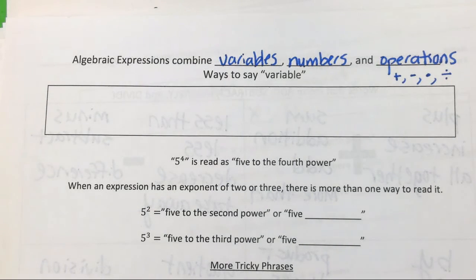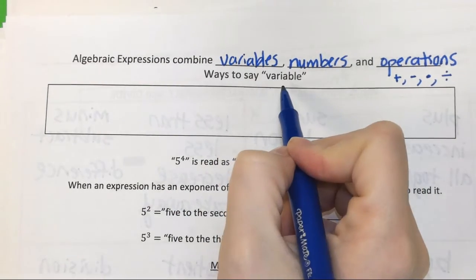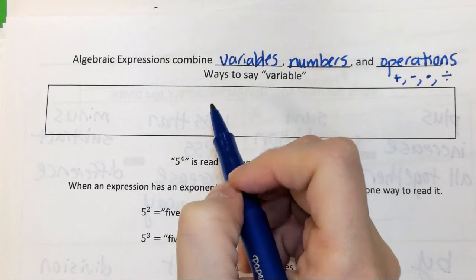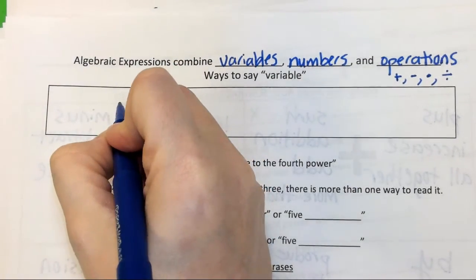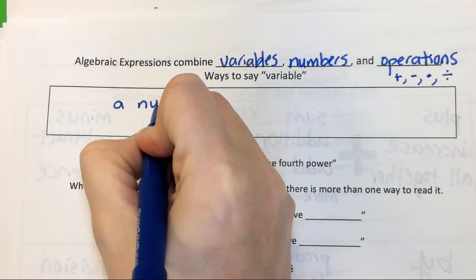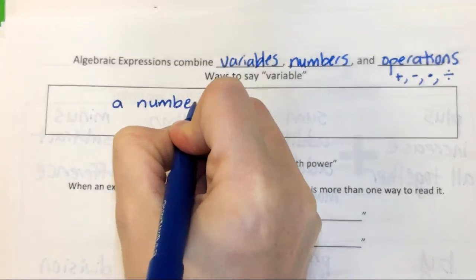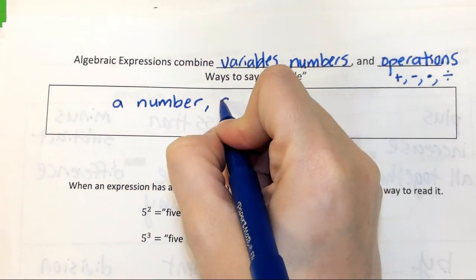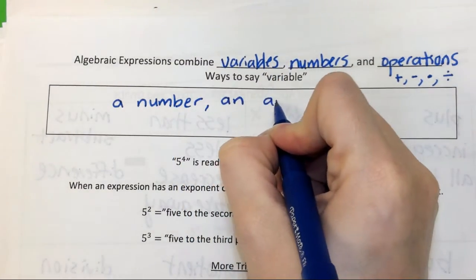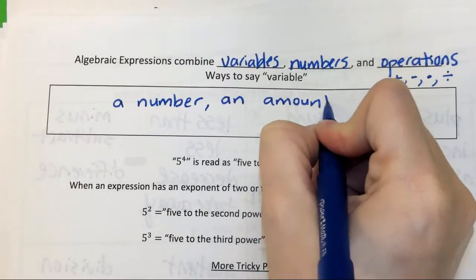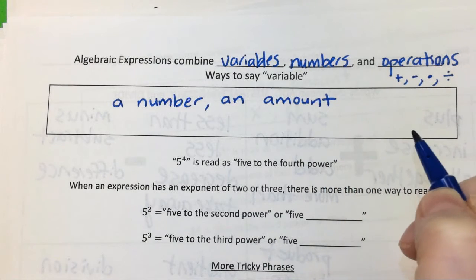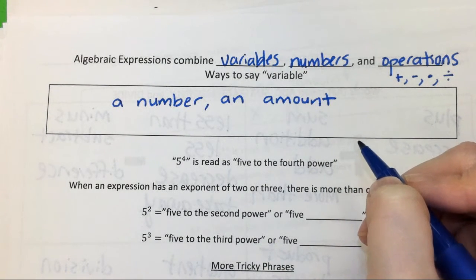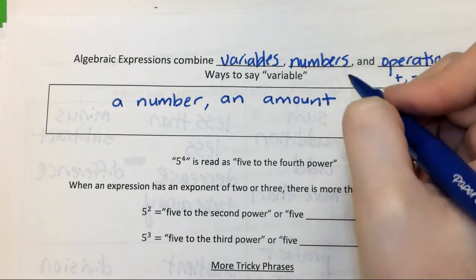In the problems on the back side of your paper, they're going to have variables in them. So there's several different ways we can write in words a variable. Sometimes we say a number. Sometimes you'll see an amount. Sometimes it may specifically tell you what variable to use, like what letter.